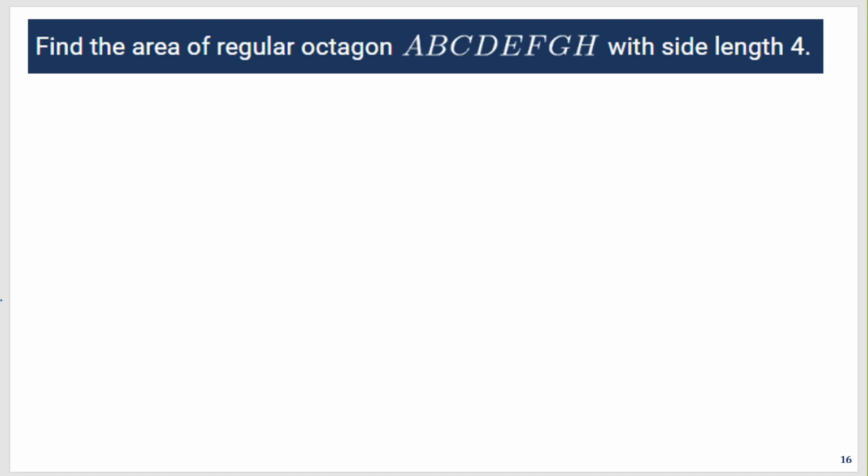Any ideas? Okay, let's have a look at the solution together. So a regular octagon has 8 sides, right? 8 equal sides. Basically shaped like this.